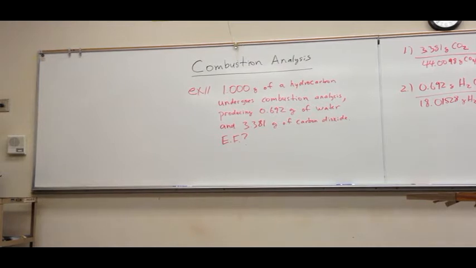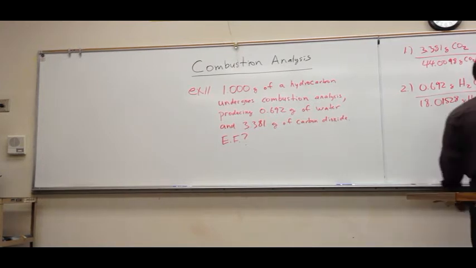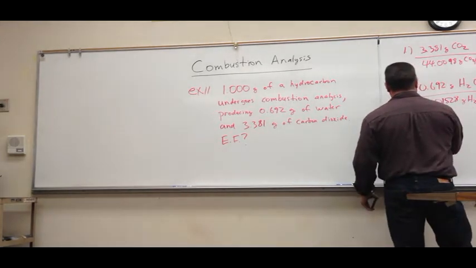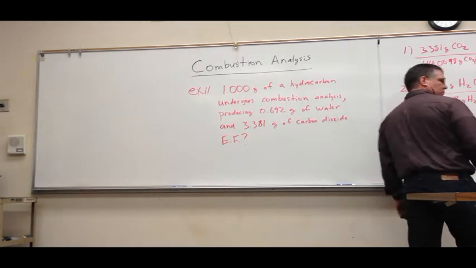When we add these up, we get basically 1 gram, which is how much of the compound we started with. So we know there's no other element in there, just carbon and hydrogen. Okay, so now we can go back, take the moles of carbon and hydrogen, divide by the smallest. They look like they're the same, right?